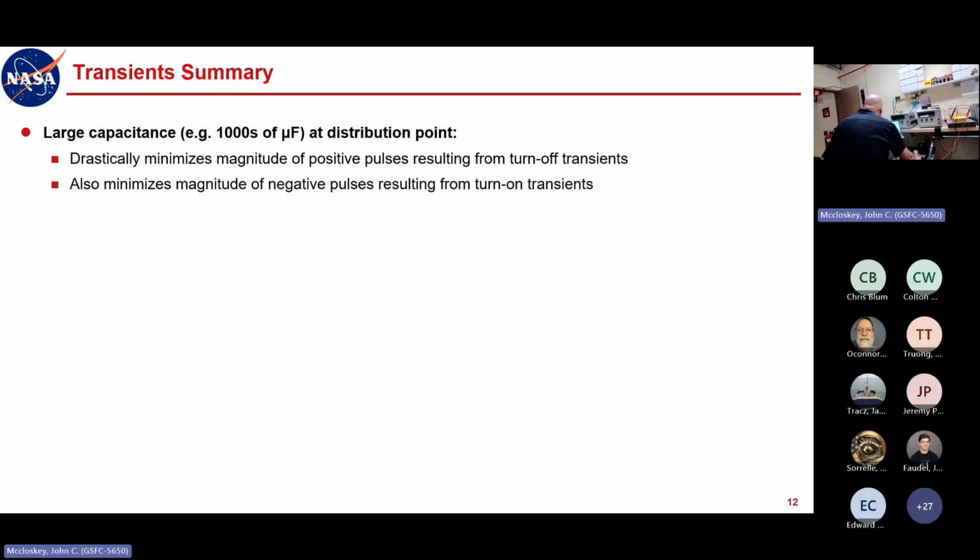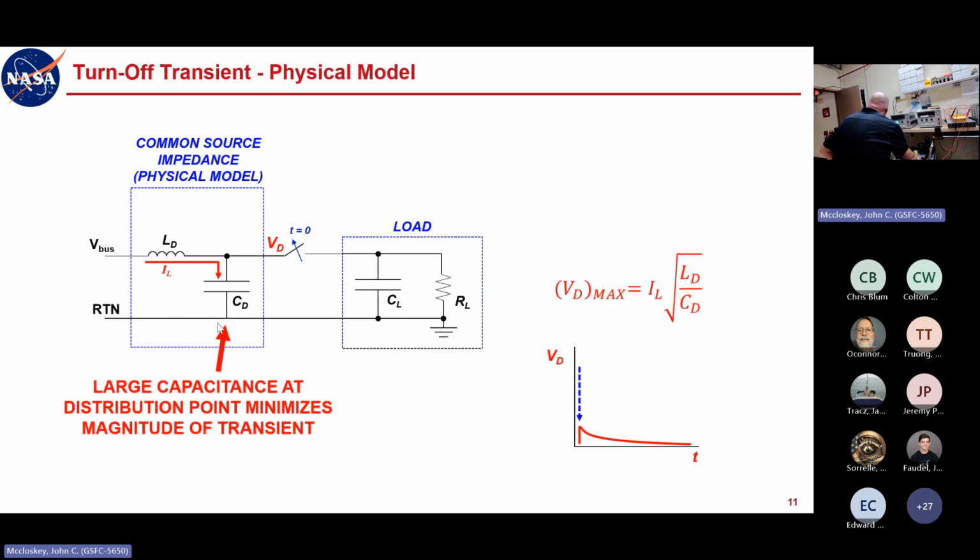I mean, just looking at it heuristically, going back to this diagram, if you've got a big capacitance here, especially if this is large with respect to your load capacitance, then the energy that it takes to charge up this capacitor is going to come largely from this capacitance here, and it can absorb that energy, and you might get a little bit of a dip in the bus potential here, but certainly not going down to 0 volts, right?